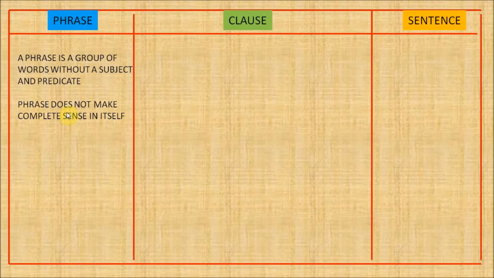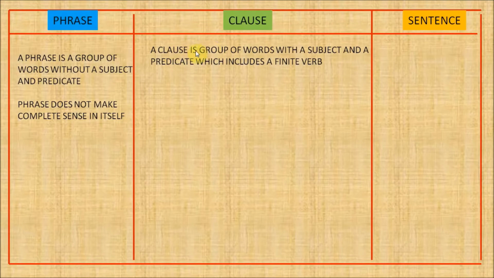Also, a phrase does not make complete sense in itself. Now let's see clause. A clause is a group of words with a subject and a predicate which includes a finite verb.